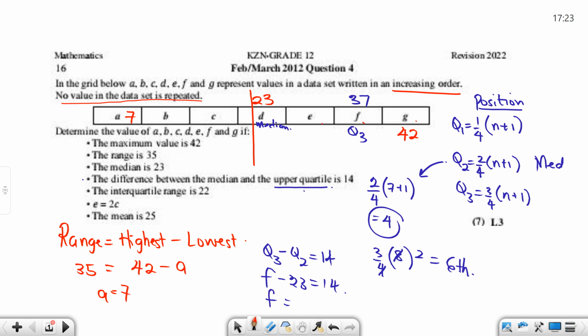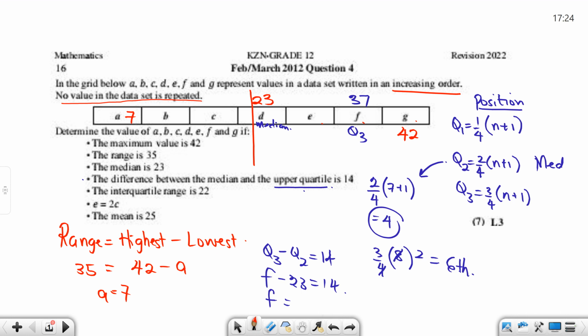We look for the half of that again. That's our Q3. Break it down into 2, you get your median. So you've divided it into 2 halves. Find the half of the upper part. That will give you Q3. Are we okay so far, everybody? We're looking good? What's next?